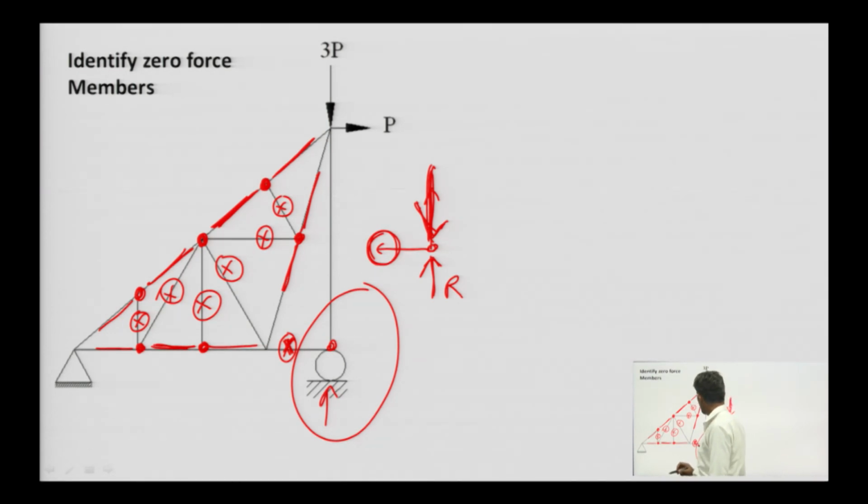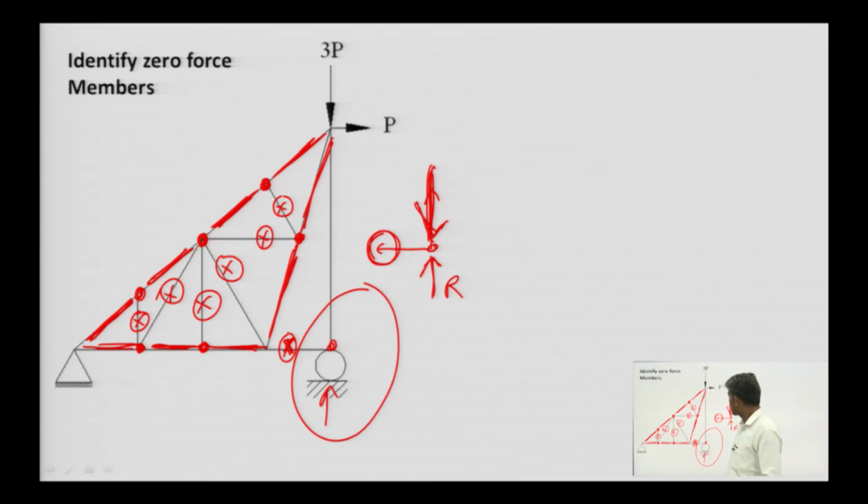So, the remaining members which will carry forces are this one, this one, this one, this one, that one, that one, that one, that one, except these, all member forces will have 0 value.